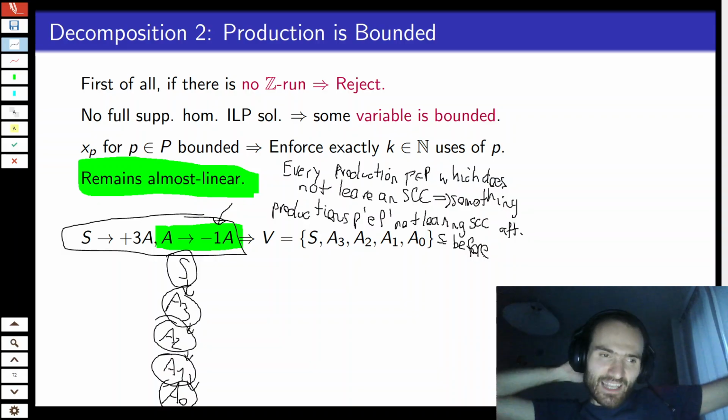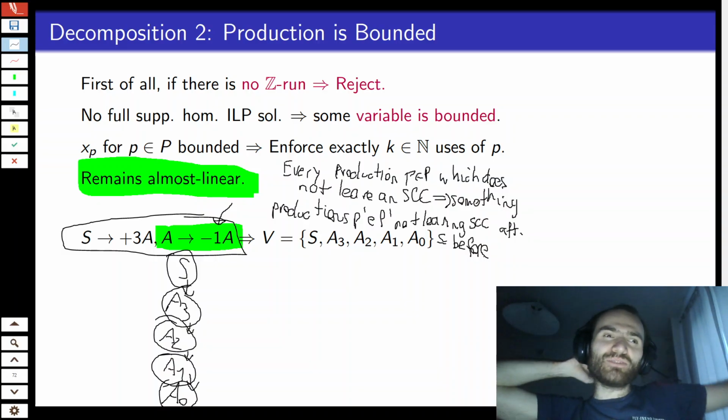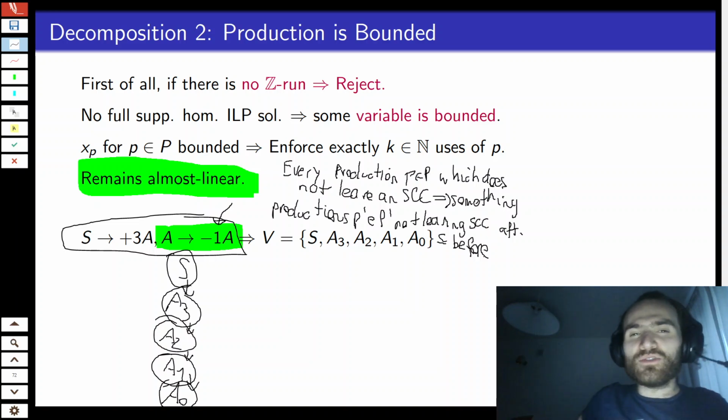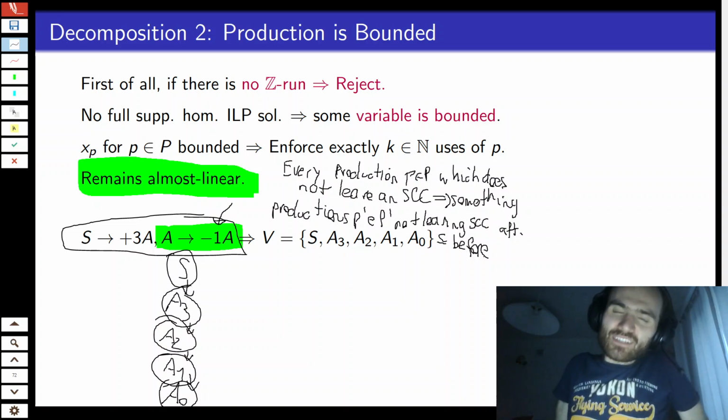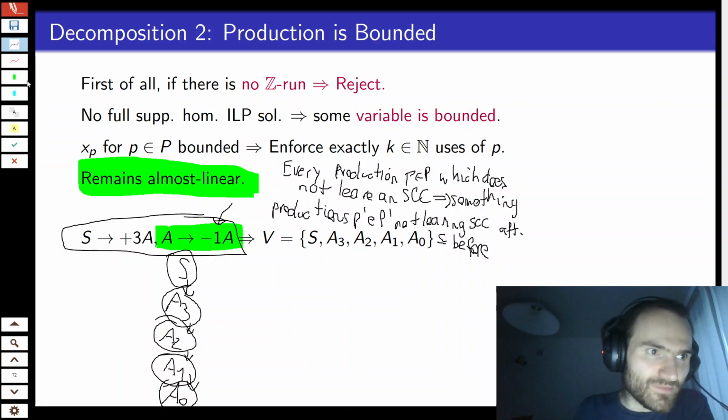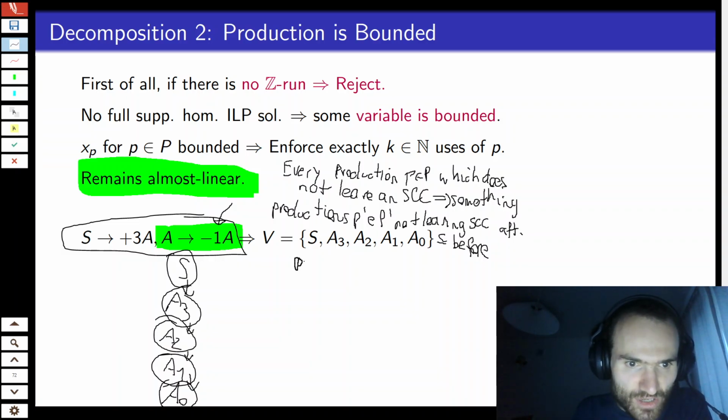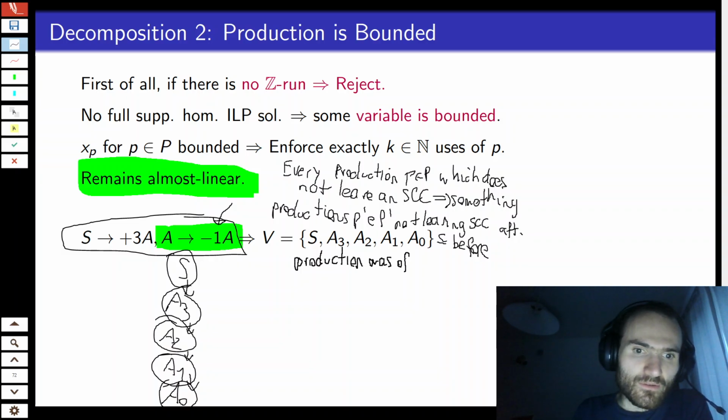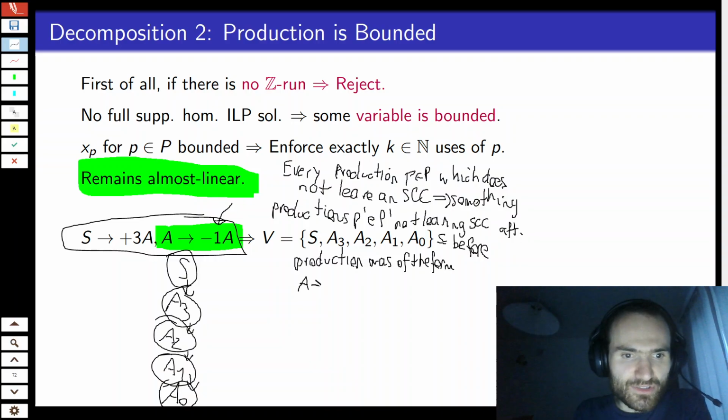So I can use that my grammar used to be almost linear, and I know that the corresponding production was of the form A goes to W A prime W prime.